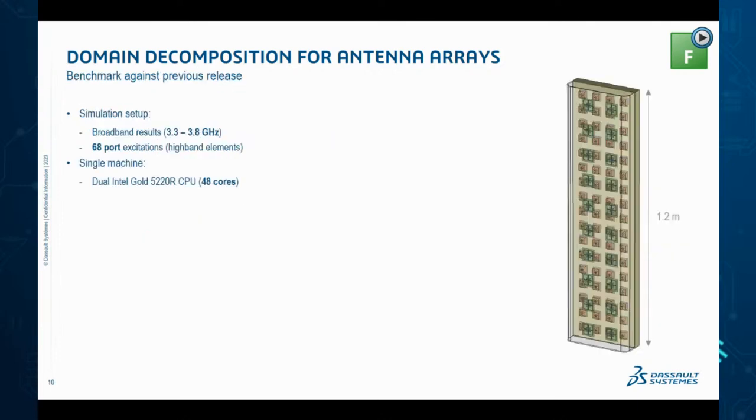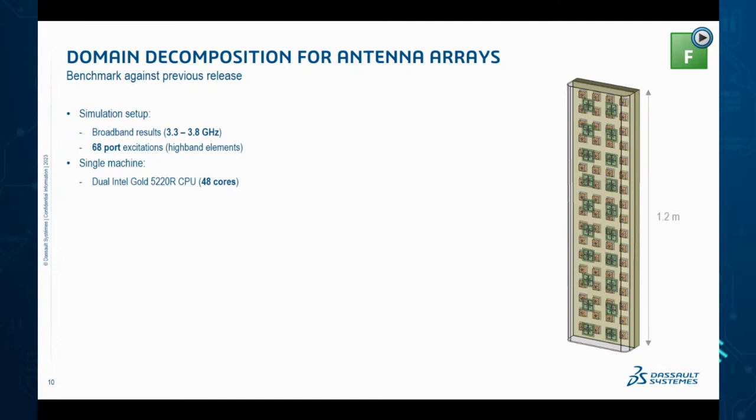As an example, we have here a base station that is a shared aperture with two arrays, one stacked on top of the other, and they're covering basically two bands for the LTE and 5G.